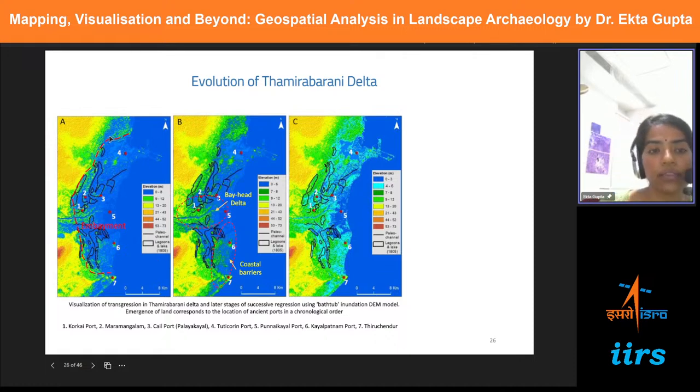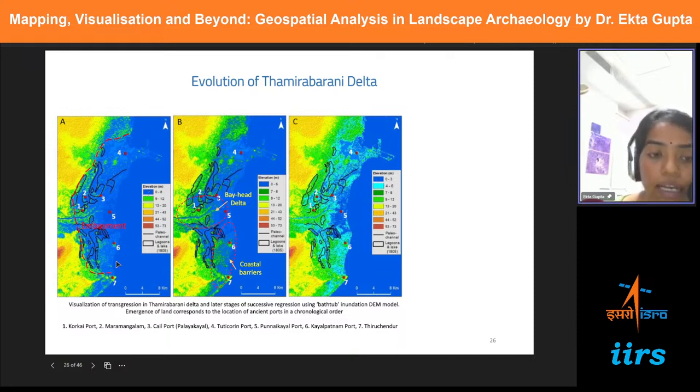Using a digital elevation model, we used a simple bathtub inundation model where we just clubbed pixels with 0 to 8 meter depth in one shade, and then 9 to 12 in another shade, so that we understand how much area will go underwater if the sea level is raised this much.